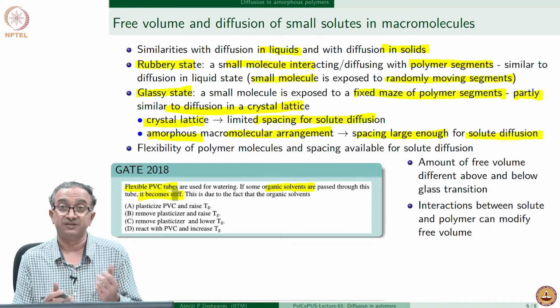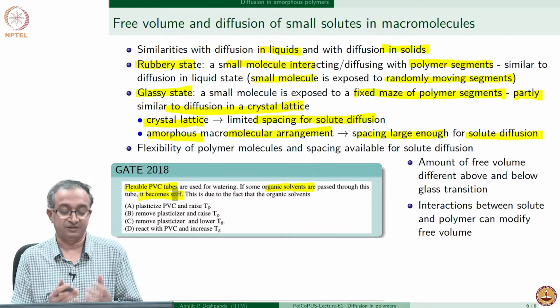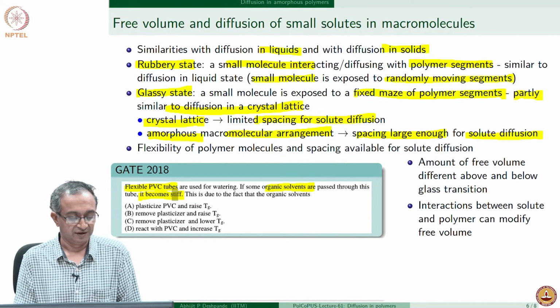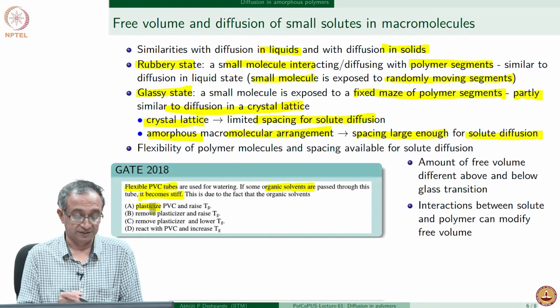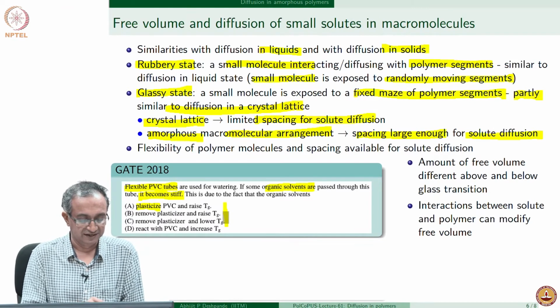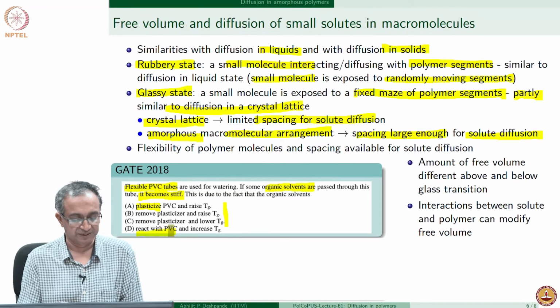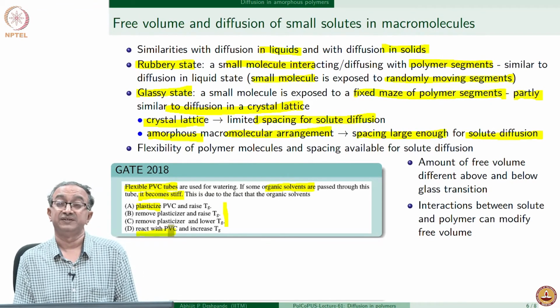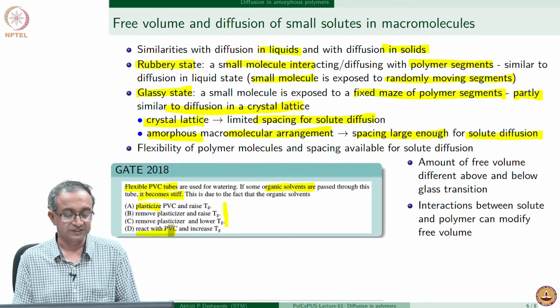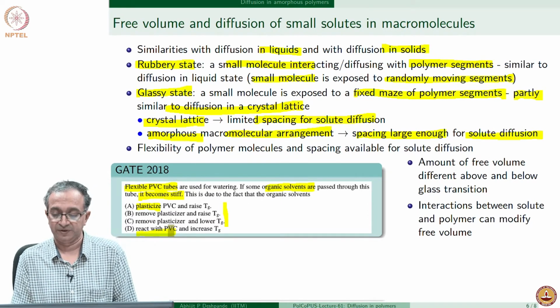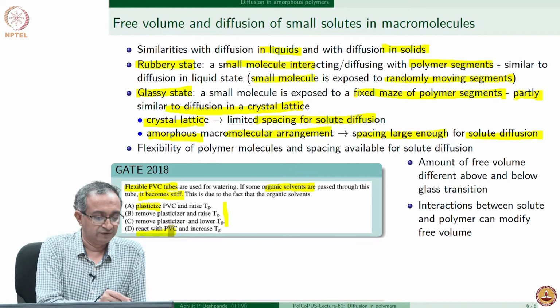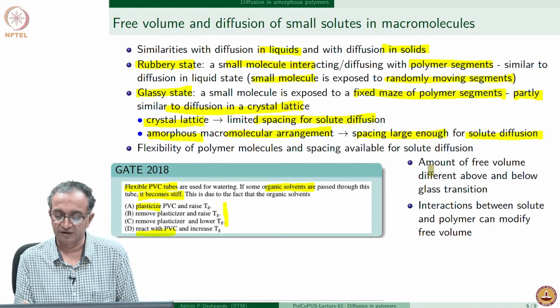So, what is it due to? What is the phenomenon which is happening? Clearly it has to do with, looks like, plasticizer. There are three options which talk about plasticizer. There is also an option which talks about some reaction with PVC. So, where is diffusion involved in all of this? Can you think of that? And what is happening when this organic solvent is contacting the PVC pipe? So, think about it while we discuss the phenomenon of diffusion in a little more detail.